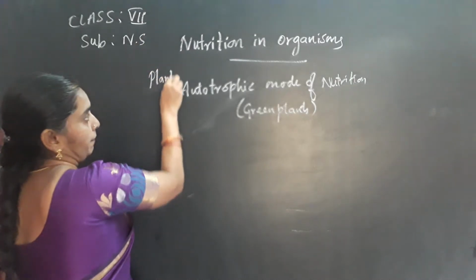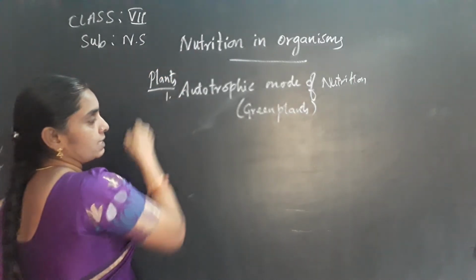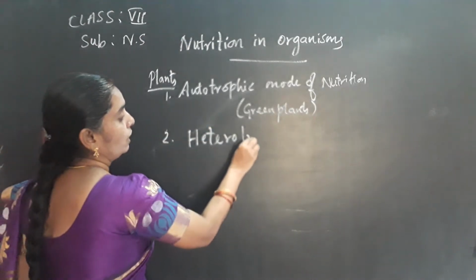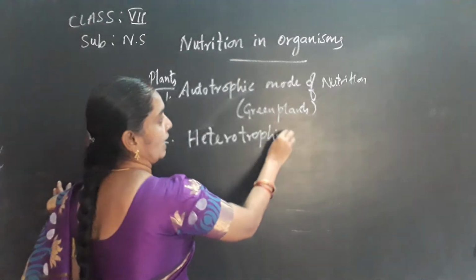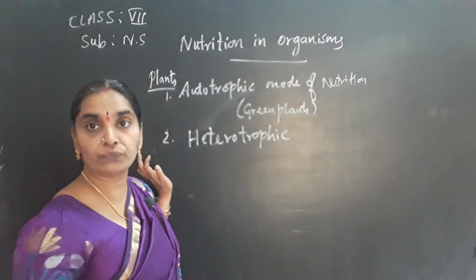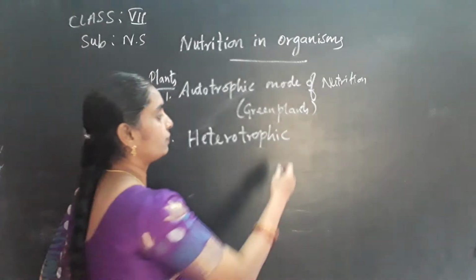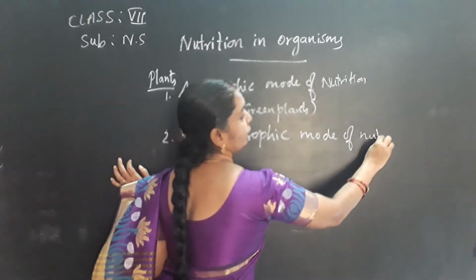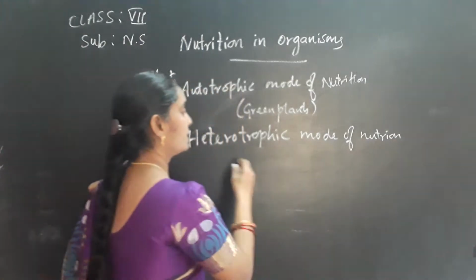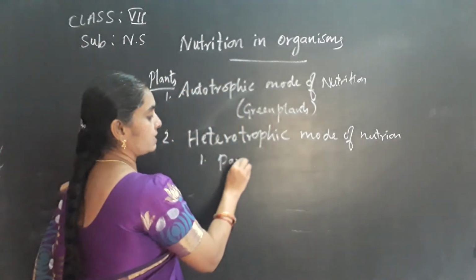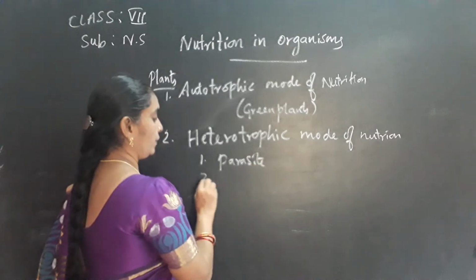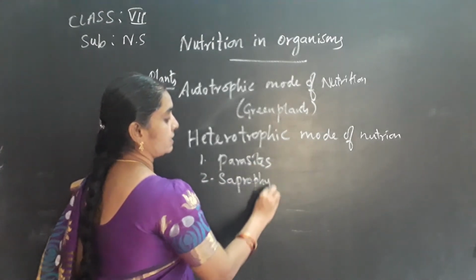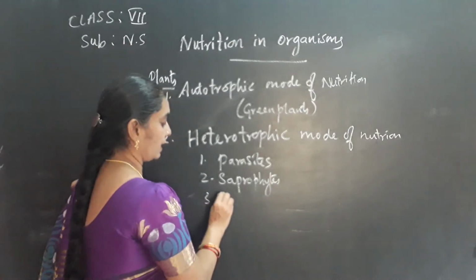So nutrition in plants is autotrophic and also heterotrophic. Heterotrophic plants cannot prepare their own food and depend on other organisms for food. So plants also perform the heterotrophic mode of nutrition. Examples are parasites, saprophytes, insectivorous plants.